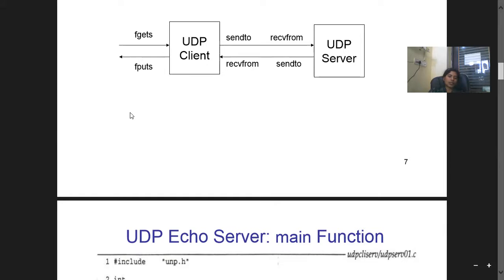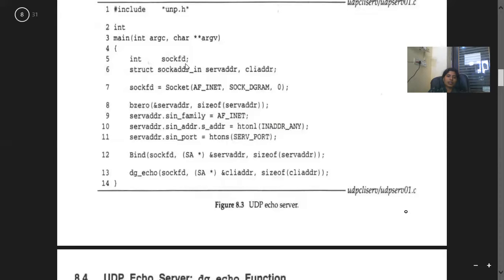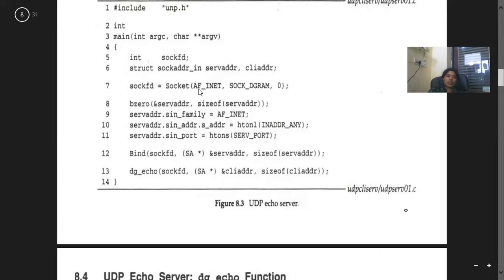That is working on fgets and fputs, for getting the information and for putting the information. Now the UDP echo server main function includes the header file, with integer argc and character argv arguments. Here are the socket descriptor, the structures, socket address in the server address and client address, and the socket descriptor equals socket, with the internet socket datagram, and set them to zero.